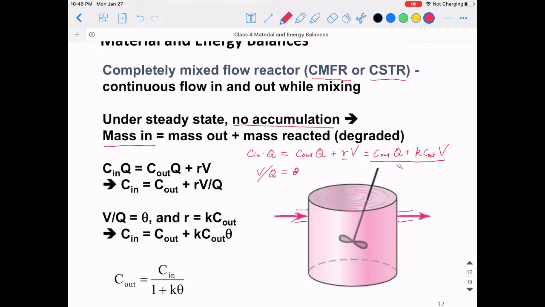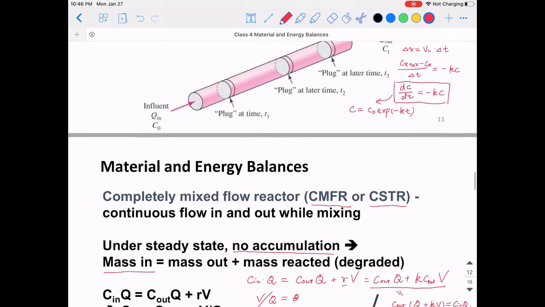First, let's take out the C out. On the left hand side, C out multiplied by Q plus KV is equal to C in Q. So C out is equal to C in divided by 1 plus K theta. This is what we can obtain from here.